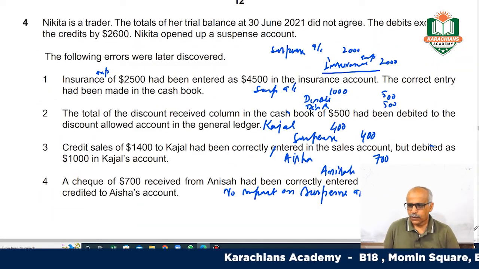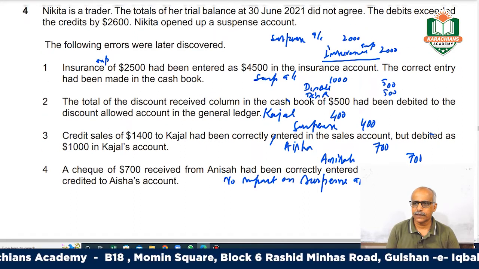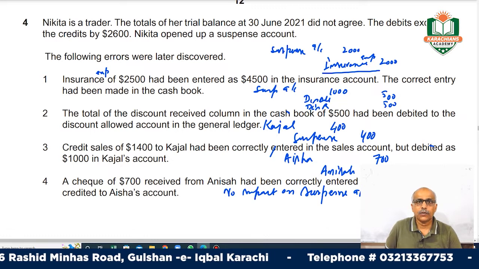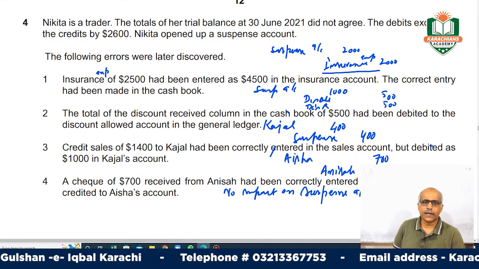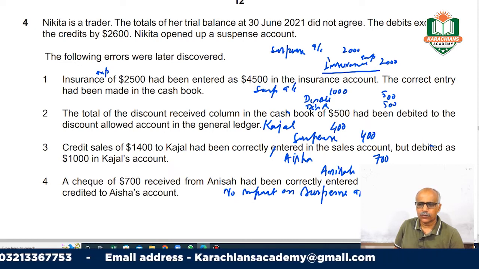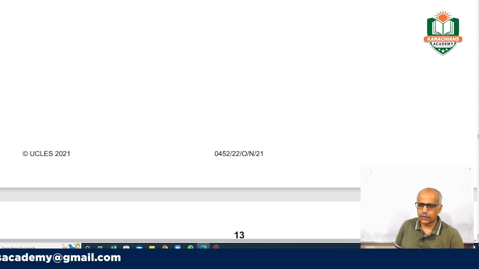This was our question 4 of Nikita Traders, and as per requirement A, we made all the general entries and the correction entries. That was requirement A, in our last lectures.